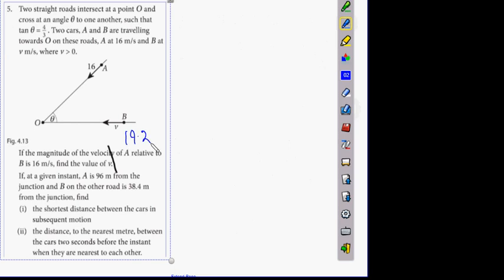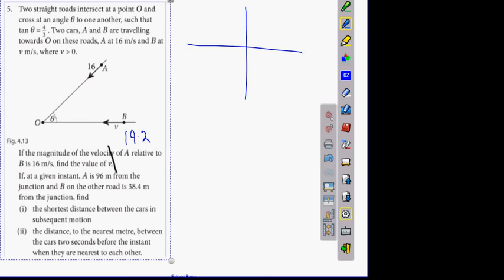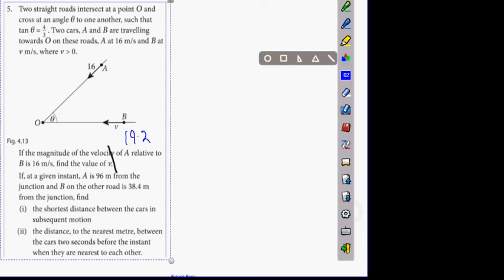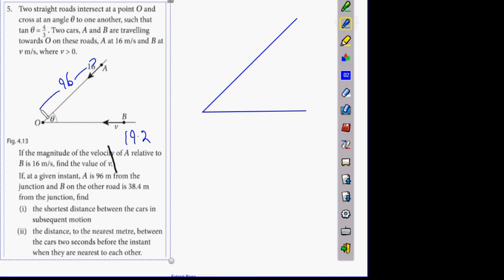Now, at a given instance, A is this far away from the junction, and we have A is 96 meters. B is, what did we say B was again? 38.4, and B's speed is 19.2.